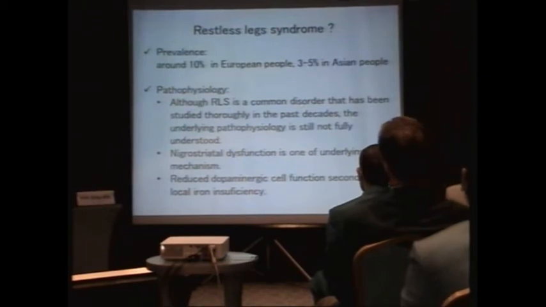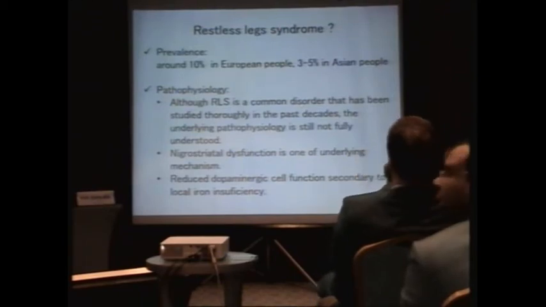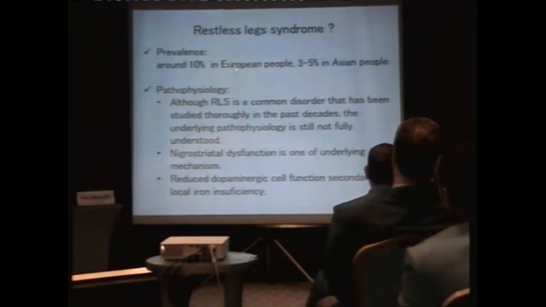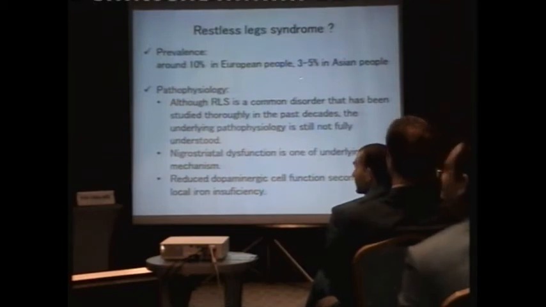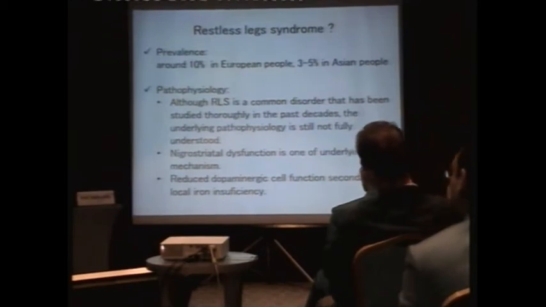So restless leg syndrome is quite a common disease because the prevalence is very high. In European people, 10%. Asian people, a little bit less, but still 5%. So we hope to understand its pathophysiology.